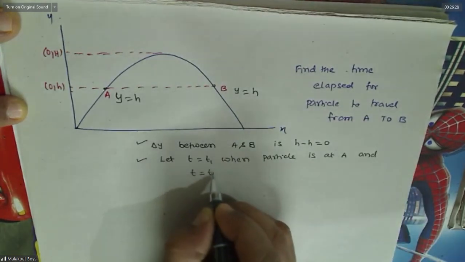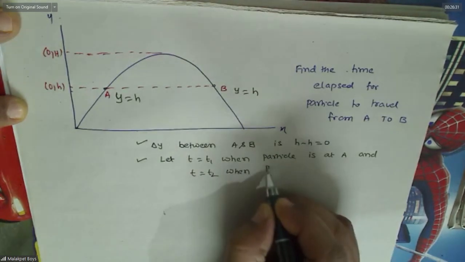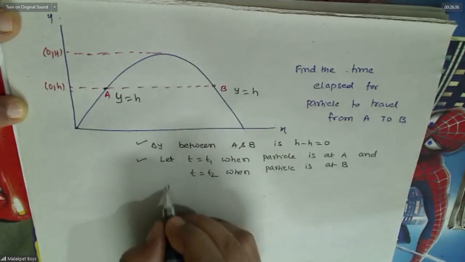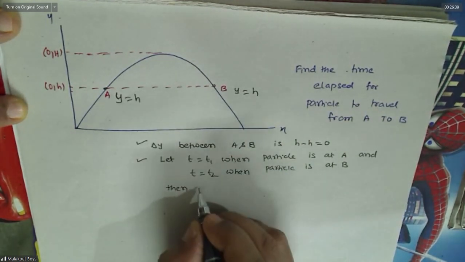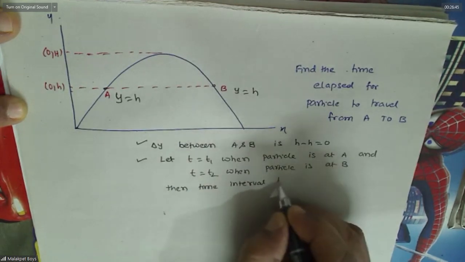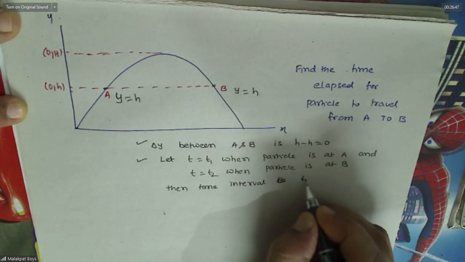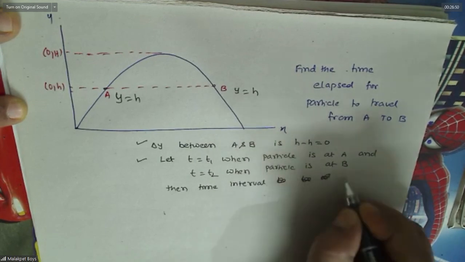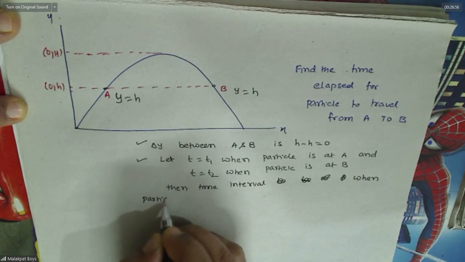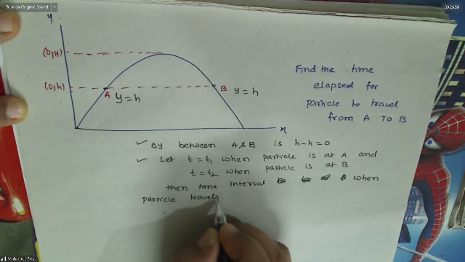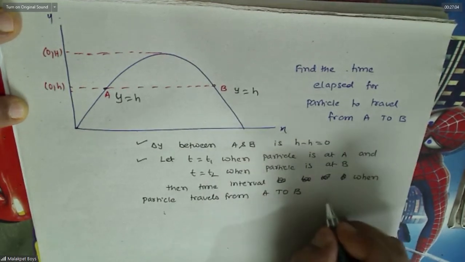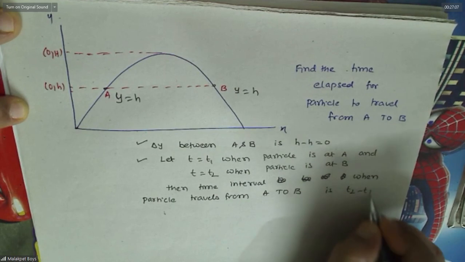And T equals T2 when... You know, what is the time interval? T2 minus T1. Okay.